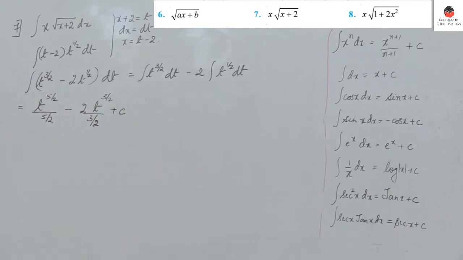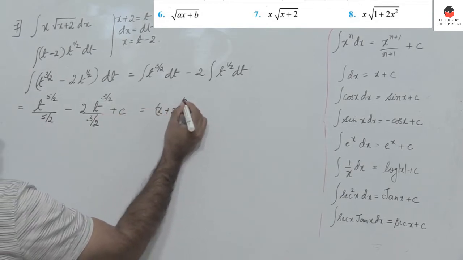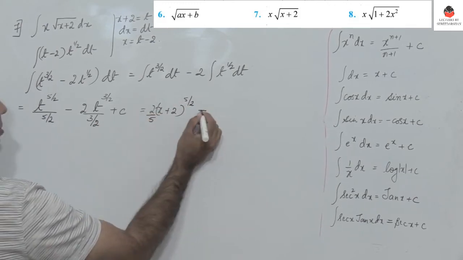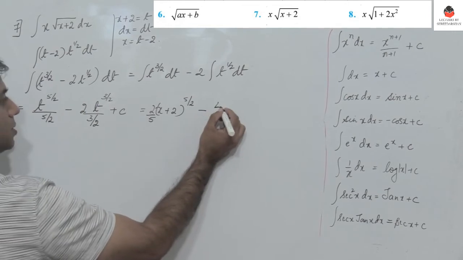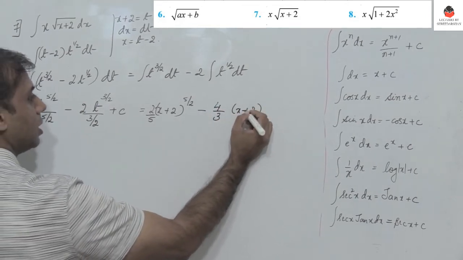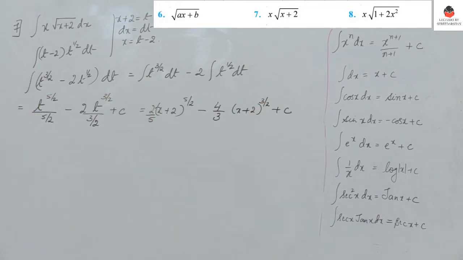And what is t? T is x plus 2. So let me substitute. So you get x plus 2 whole power 5 by 2 into 2 by 5 minus, so this 2 goes on top, it becomes 4 by 3 x plus 2 whole power 3 by 2 plus c. So this is the answer.